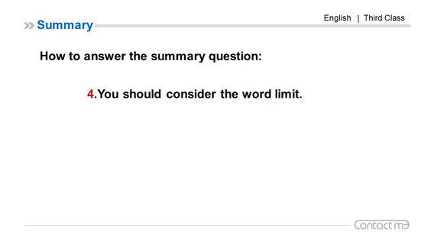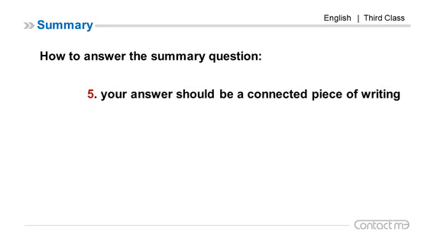Number 4, you should consider the word limit. For example, if you are asked to write in not more than 20 words, you can write up to 25 words. Your answer should be a connected piece of writing, which means your answer should be in a paragraph, just like the passage or the paragraph.